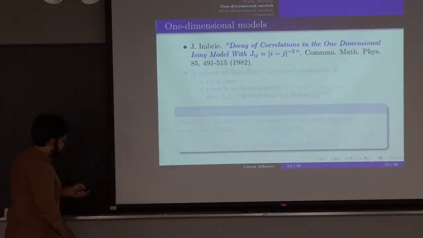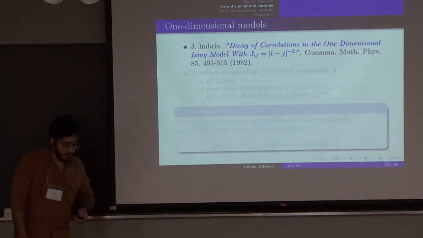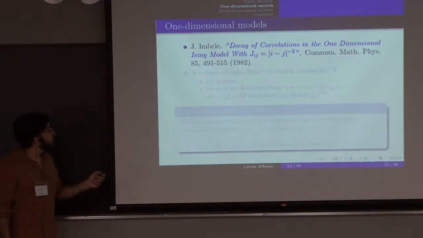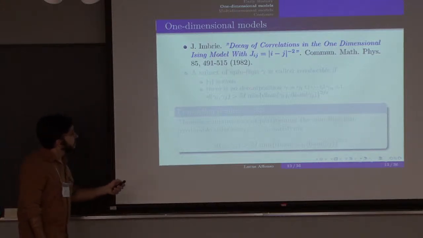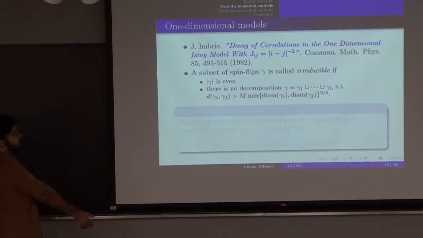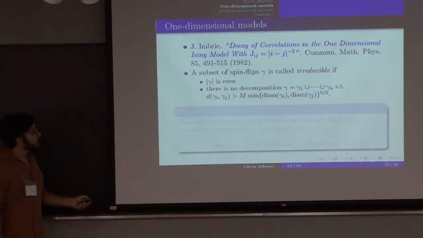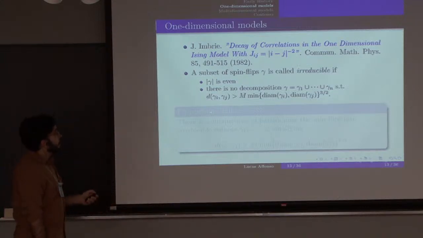And this version that I'll show you of the definition in Fröhlich and Spencer comes from a paper by Imbrie, where he studied the decay of correlations in the one-dimensional model. The first thing is that he calls a subset of the spin flips irreducible if you have an even number of spin flips, and if there is no decomposition of this set such that this distance condition between them is satisfied.